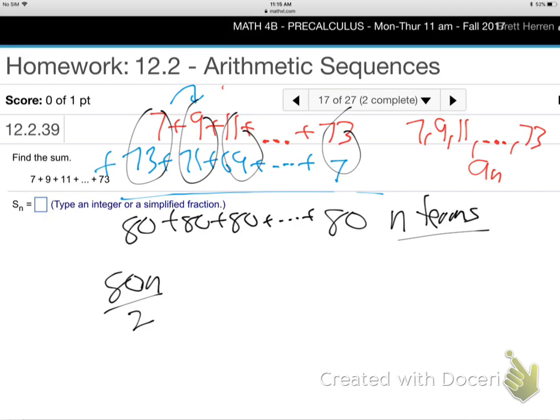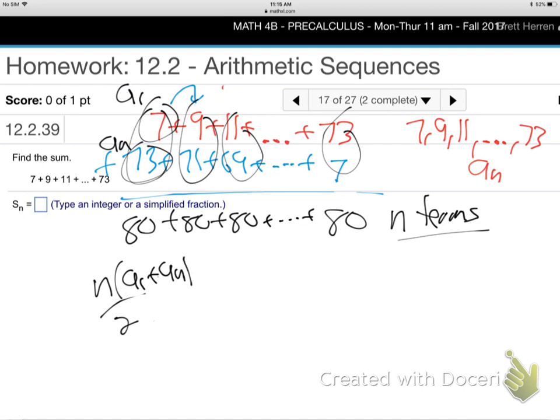So n times 80 over 2. And where did that 80 come from? That's what they add up to. Here and here, which is the first term, A1, and the last term, which we call A sub n. So it's A1 plus An. It's first term plus last term that makes the 80. So it's n 80s over 2. And there's the formula.